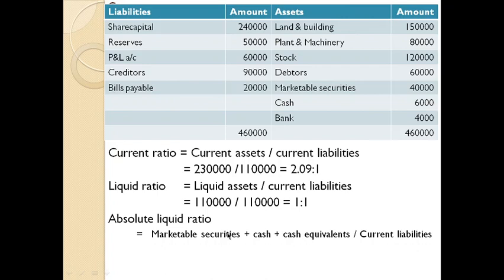So just remember, marketable securities 40,000, cash 6,000, cash equivalents it may be bank or whatever may be, depends upon the details given in the question, 4,000, and current liability same, that is 50,000 divided by 1,10,000 equal to 0.45:1.